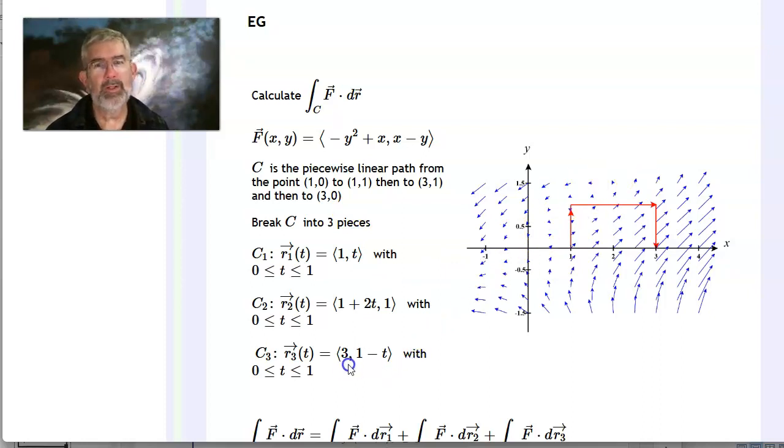And here's one where you have to be a little careful to make sure it goes in the right direction. So the third part, going from the point (3, 1) down to (3, 0), I'm parameterizing this way, where the x-coordinate is just always 3, and the y-coordinate I have as 1 minus t. So when t is 0, that's up at 1, and when t is 1, that's down at 0. Now, if I just said, like the first one, y equals t, between 0 and 1, then I'd have it oriented the wrong way.